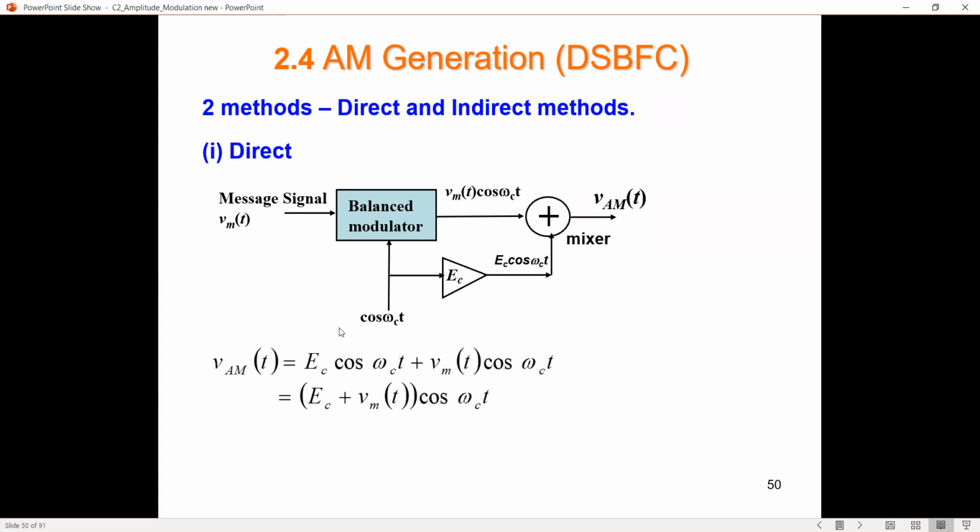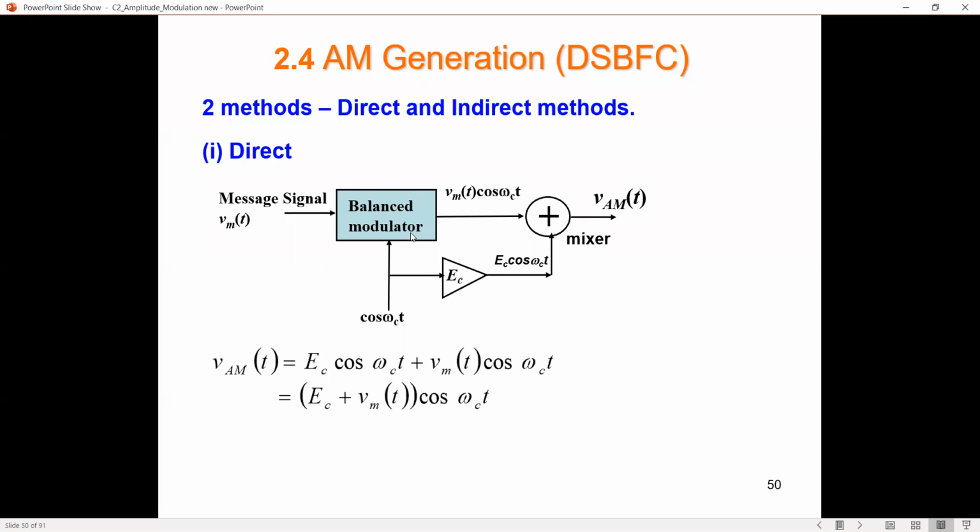So for our circuit, in this block diagram, how can it be generated? First, we have our carrier signal, cos omega CT, and then using the balance modulator, it will be multiplied with our VMT, the message signal.